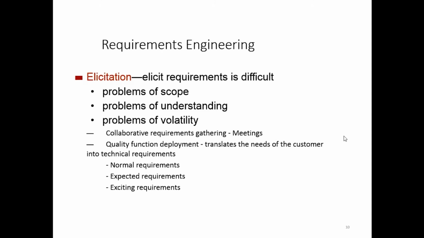Elicitation of requirements may be accomplished through two activities. The first one is collaborative requirement gathering, and another one is quality function deployment. Now, collaborative requirement gathering is where meetings are conducted and attended by both software engineers, and apart from software engineers, there are customers and other interested stakeholders, and some rules for preparation and participation are established in those meetings.